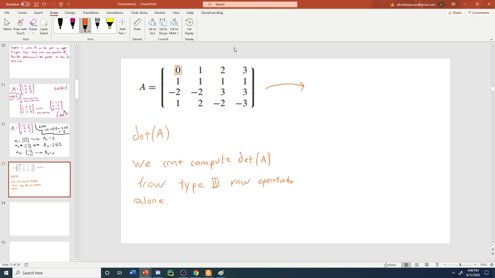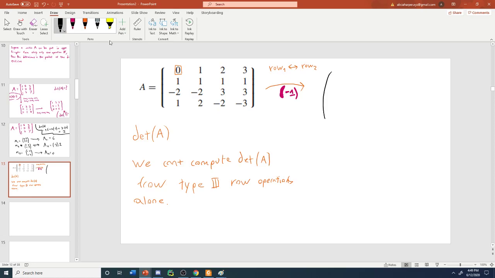And the first thing I'm going to do here is swap row 1 with row 2. And this is a type 1 operation. So as a way of signifying that I'm altering the determinant, I'm going to put a -1 here. I'll need to remember this for later.